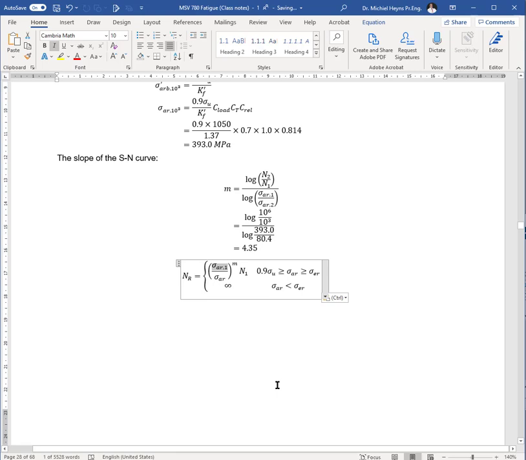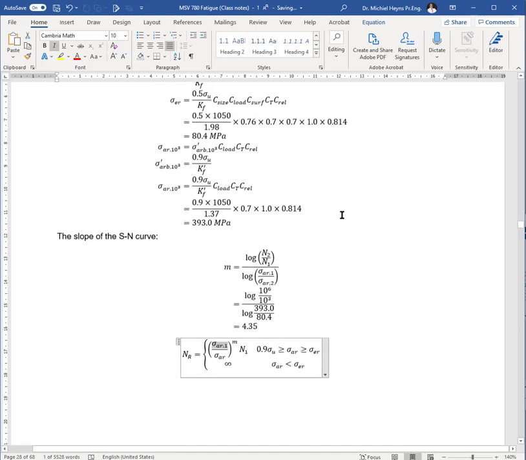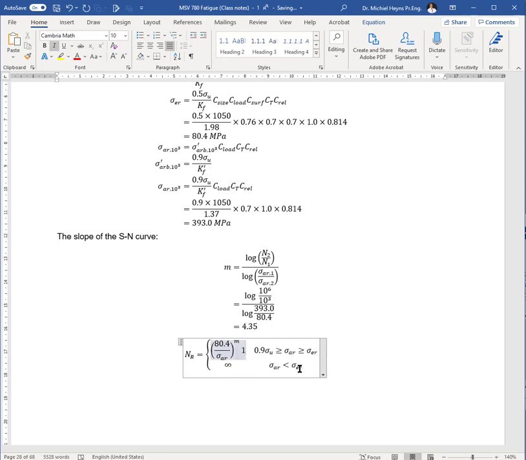If we use the endurance limit there, that equation becomes 1 million cycles, so this is 10 to the power 6.